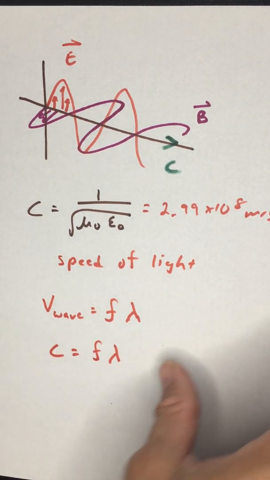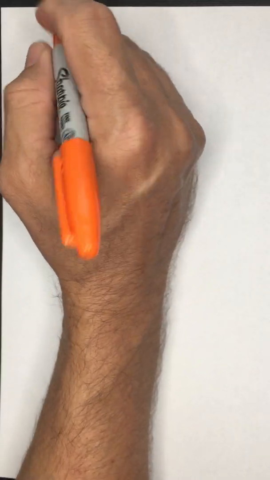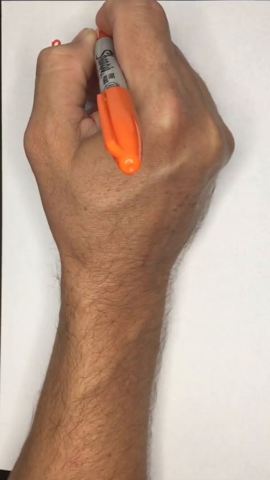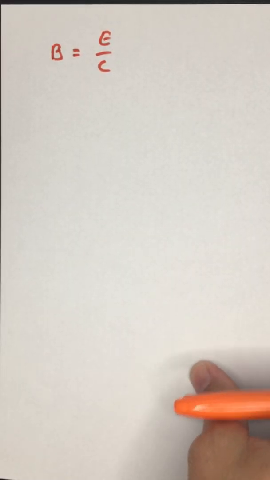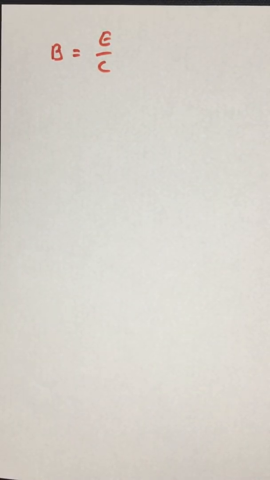Now, there's a really simple equation which describes the relationship of the E field and the B field, and it's this. At any time, B is equal to E over C, where C is the speed of light, the speed of the electromagnetic wave.